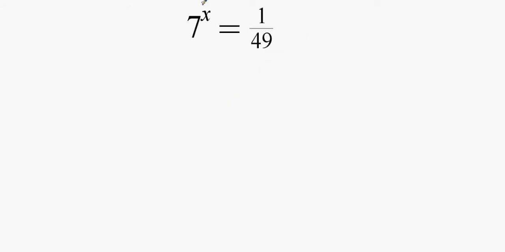So in this example, again, we have 7 to the power of x. My question is, can I write this fraction so that I can see a 7 in that fraction somehow? Well, 49 is 7 to the 2nd power, so I can rewrite this as 1 over 7 to the 2nd power.